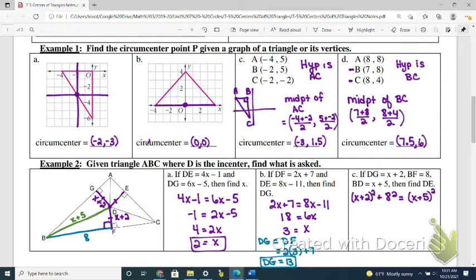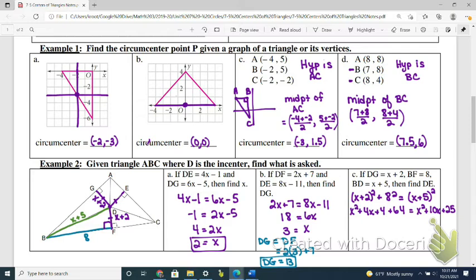You need to FOIL this one out, so you get x squared plus 4x plus 4. 8 squared is 64. And I need to FOIL this one out as well. I get x squared plus 10x plus 25.